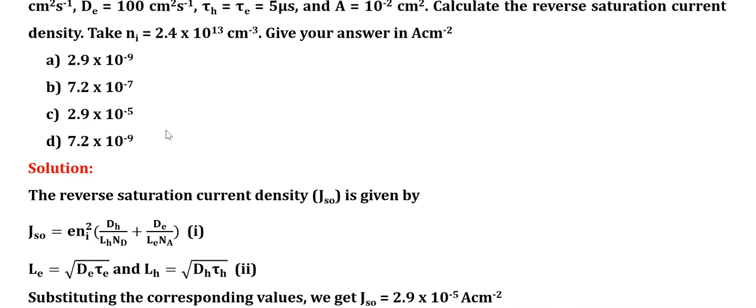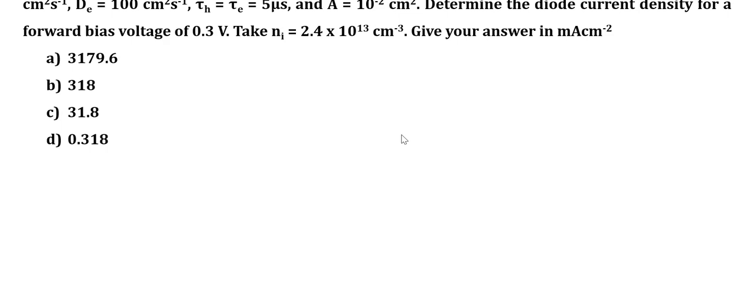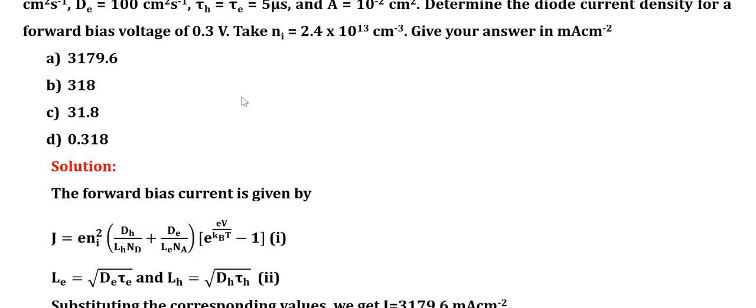Suppose they are asking the forward current density, there will be a small change to this equation. Now they are asking same details, same everything. They are asking to determine the current density for a forward bias voltage of 0.3. So only a small addition will be there to that J0 equation.